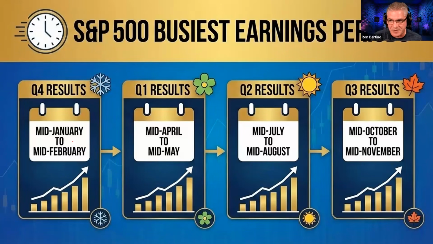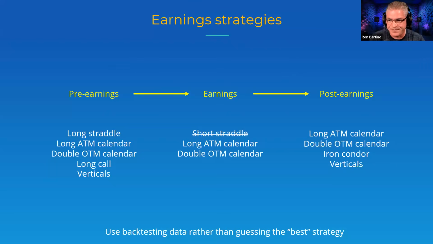Okay, so mid-January through to mid-February, that's the Q4 results. Mid-April through to mid-May, Q1, and so on and so on. So these are essentially like 4 monthly periods throughout the year that there's a ton of opportunity to trade earnings events there. Literally a ton of them, which I'll be showing you some. But you can also find some other opportunities outside of these 4 months as well.